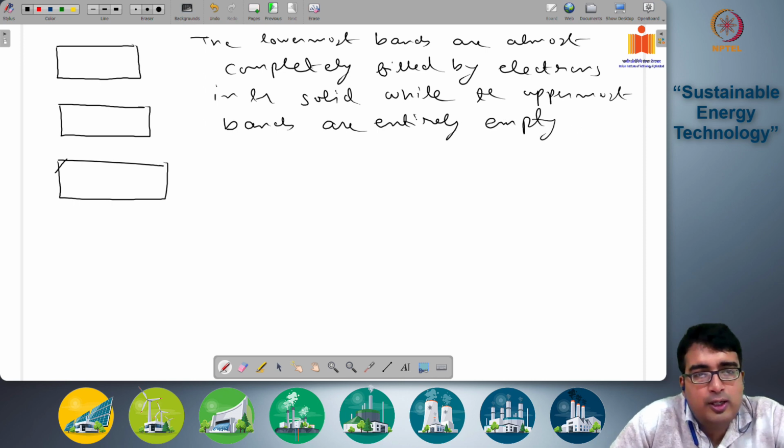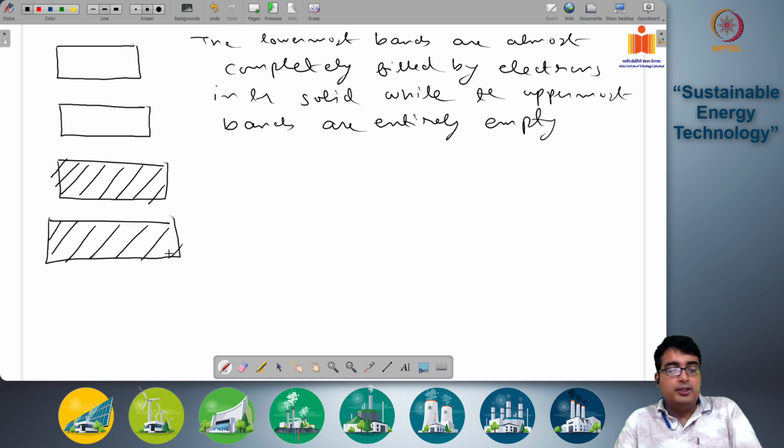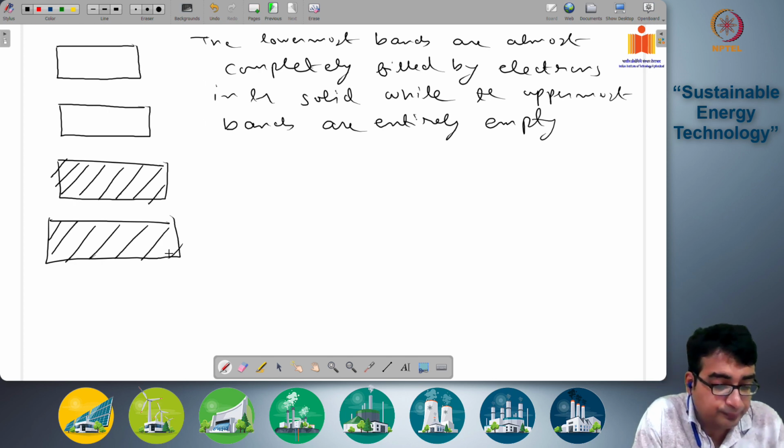So the lowermost bands are almost entirely filled by your ground state electrons, while the uppermost bands are almost entirely empty. Okay, so this is the structure.